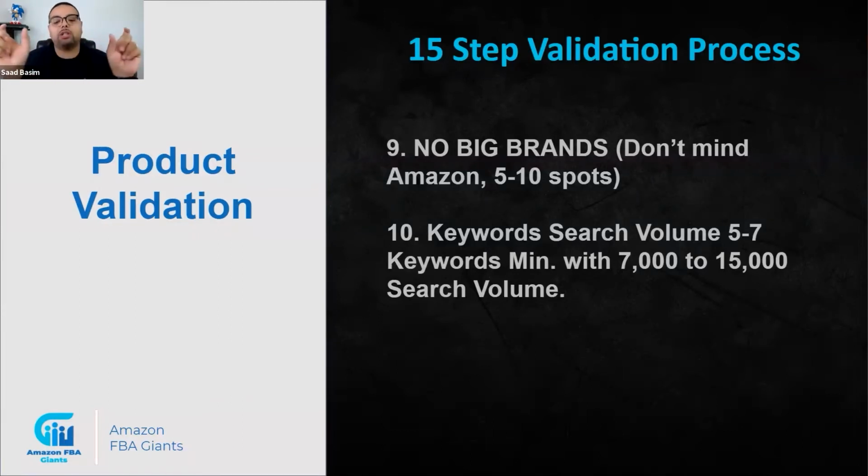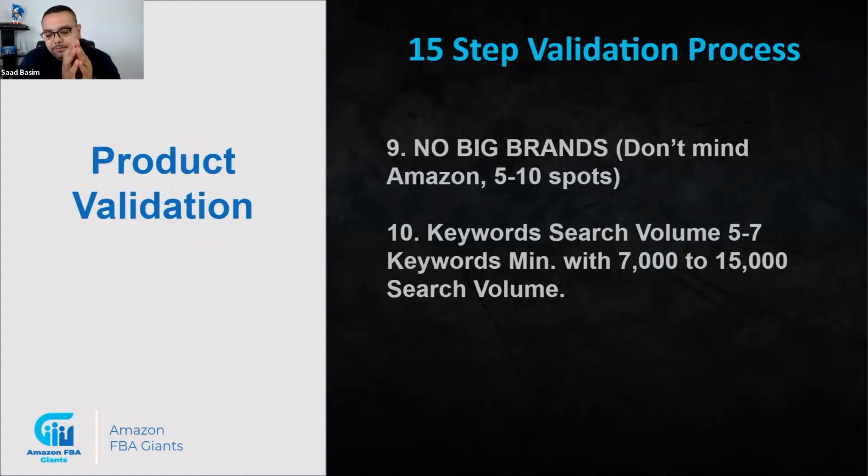I'm counting the longer tail keywords, like yellow coffee cup 20 ounces, which has 2,000. Then I have coffee cup long handle blue, and that maybe has 2,000. So I need to find 5 to 7 keywords. The longer tail keywords consist of more than 3 words that add up to 7 to 15,000 searches per month. If I do that, we're good.